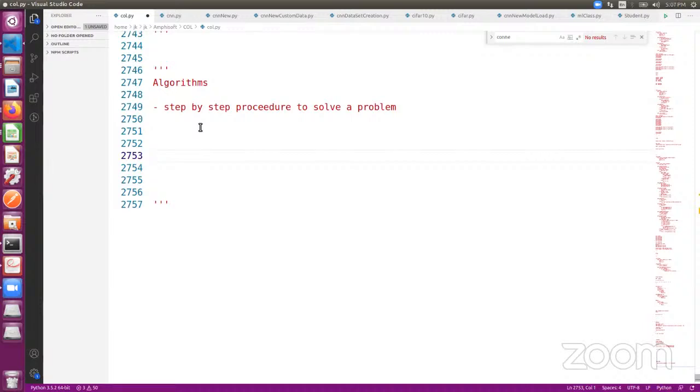So the second thing is we need to analyze an algorithm. Only if you analyze an algorithm will we come to know how much memory would be needed to execute a particular program or how much time it needs. So basically we're going to analyze using space, which is also memory, and time.